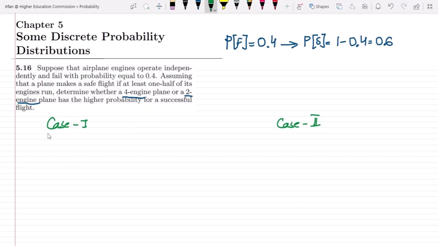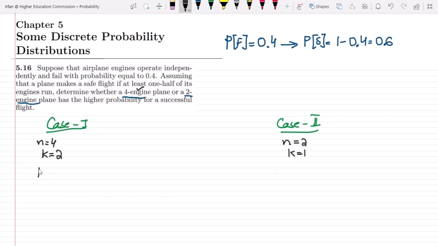In case 1 the number of engines is 4, and in case 2 the number of engines is 2. In each of these cases we have to find the probability that the number of engines operating successfully is half or greater. So here the value of k is half of 4, that is 2, and here half the number of engines is 1.